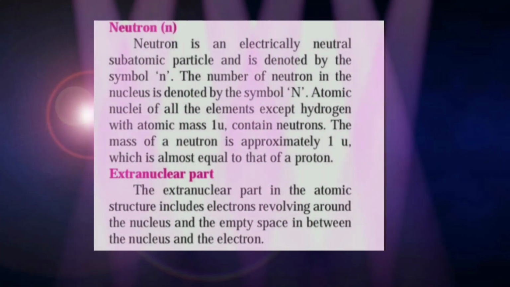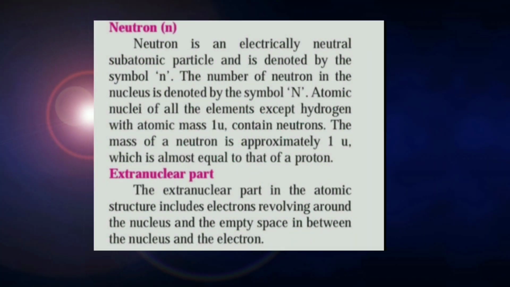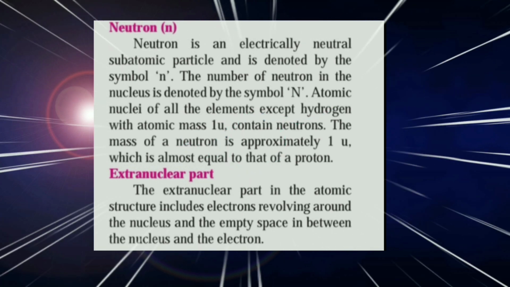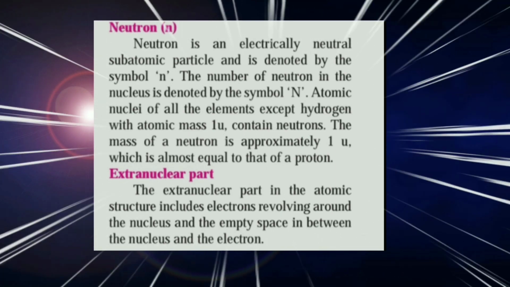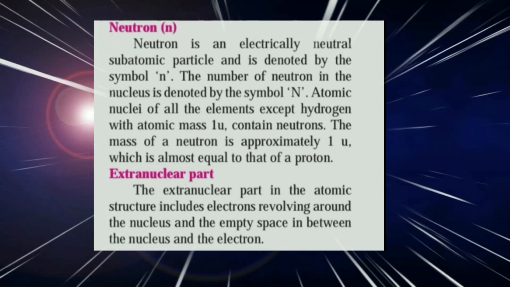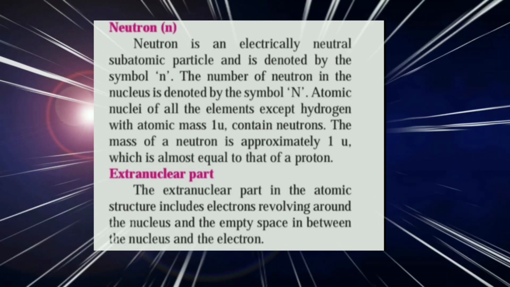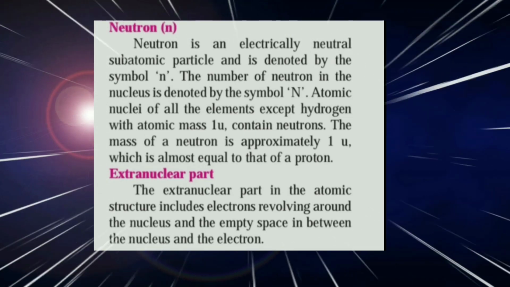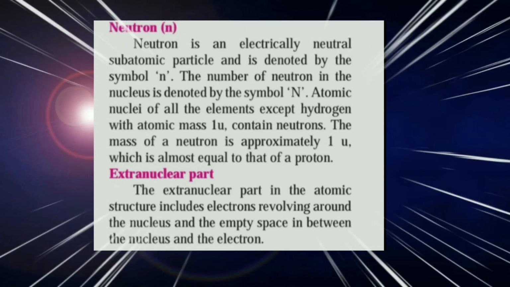The number of neutrons in the nucleus is denoted by the symbol capital N. Atomic nuclei of all the elements except hydrogen with atomic mass 1 u contain neutrons. The mass of the neutron is approximately 1 u, which is almost equal to that of a proton.